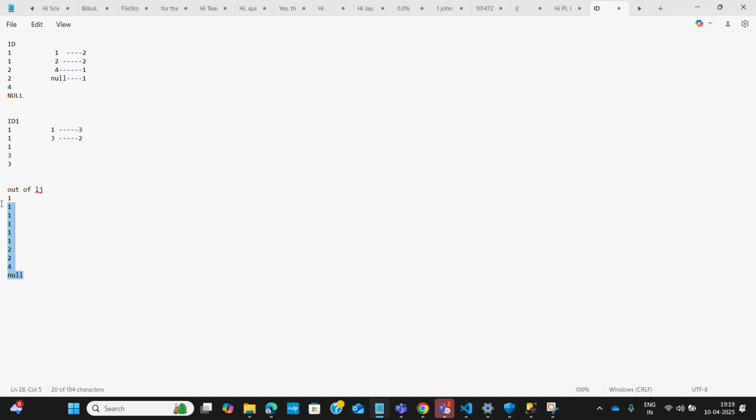And then what would be the output of right join? Output of right join would be output of inner join, the same, and then output of right table. So 3 would come 2 times. So this would be the output of right join.